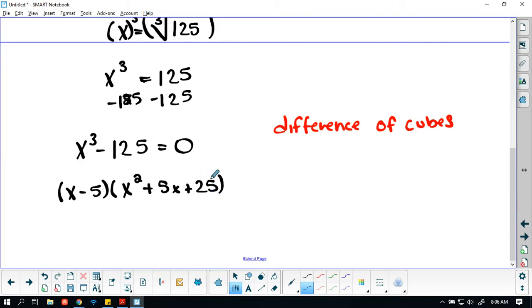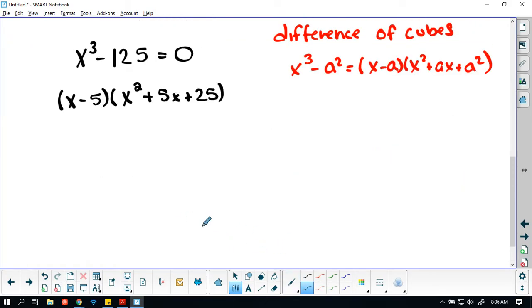That's where the 25 goes. Just a reminder, because obviously we need these reminders: a cubed minus b cubed equals a minus b, times a squared plus ab plus b squared. And there you go, there's your identity. Looking at this, we know that this is going to be x equals 5.